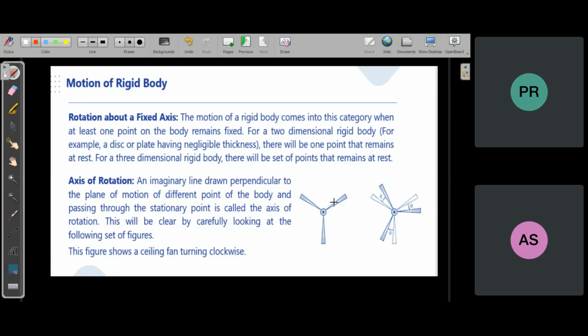Rotation about a fixed axis means all the particles go in a circle of fixed radius. The radius of that circle will not change because it is a rigid body and it is rotating about a fixed axis. The centers of the circular paths of all the particles lie on the same line, which is called the axis of rotation. This is also called pure rotation.